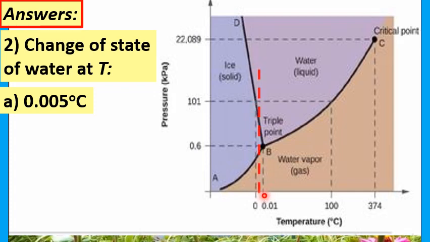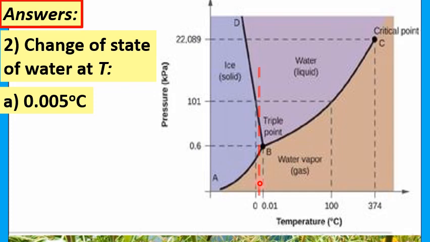So we draw this broken line vertically up. And you will notice that at this temperature and at a pressure lower than 0.6 kilopascal, we have the first or initial state of water being a gas.